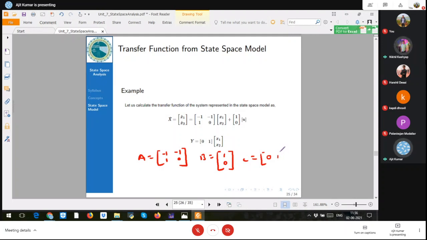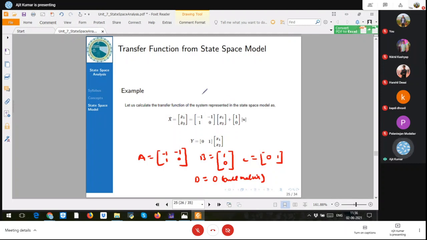Can I say C matrix will be 0 1 because this is your C. And what will the D matrix be? 0. Tell me please, what is D matrix? 0 0. Very good. 0, it means null matrix. So I'm very happy to hear your answer because it makes things clear that we are getting the concept.